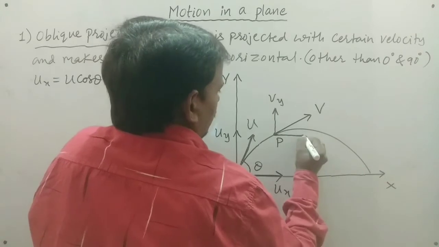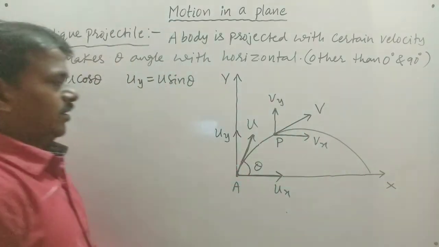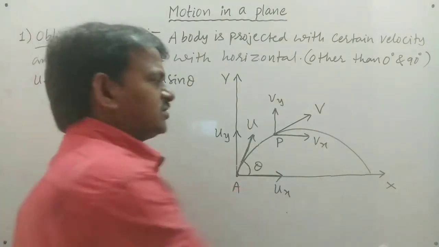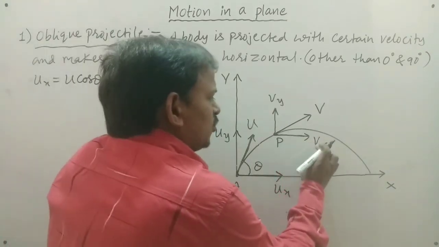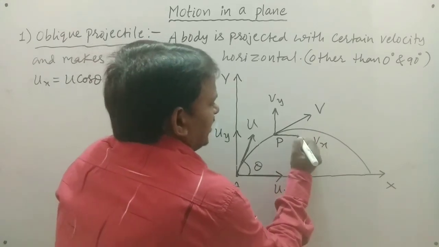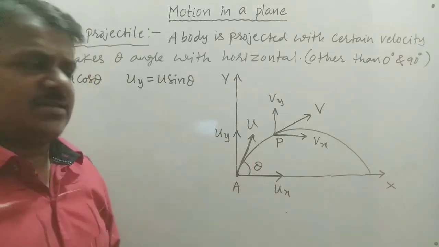Now, how to find this vx and vy? In the horizontal direction, no force acts on this projectile, so there is no change in velocity in the horizontal direction. But in the vertical direction, how vy changes we will discuss.